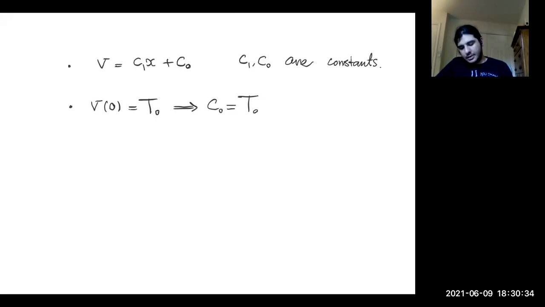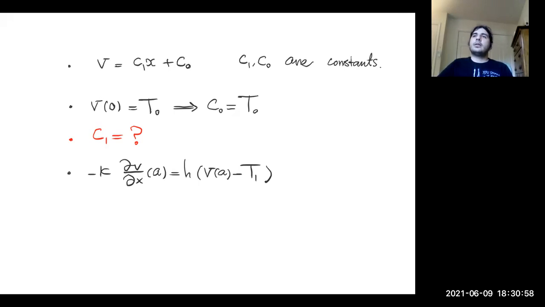So now the other thing we want to know is the value of c1. Can we find the value of c1 or not? Let's write down the other boundary value condition we had: minus kappa, derivative of v with respect to x at the point a, is equal to h times v at the point a minus T1.